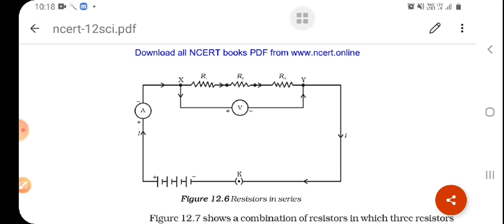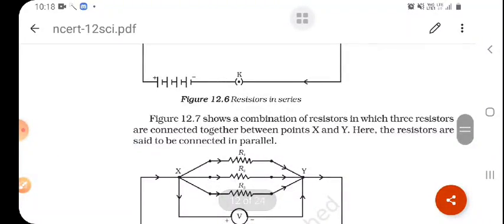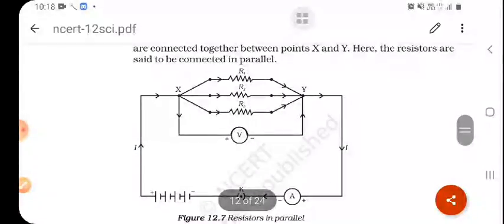The next type of combination is the parallel combination. So what does parallel combination mean? When two or more resistances are connected in such a way that the first end of all the resistances is connected to the first common point, and the second end is connected to the second common point, so that the same potential difference is applied across each.